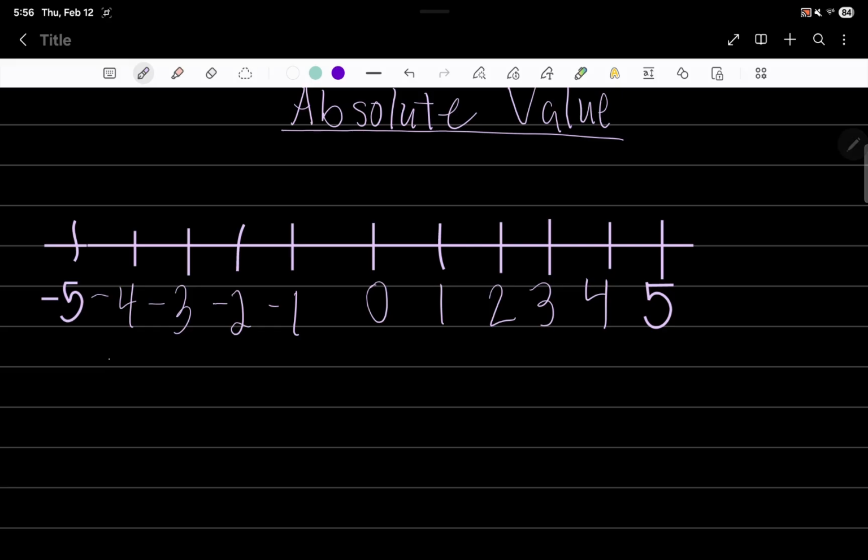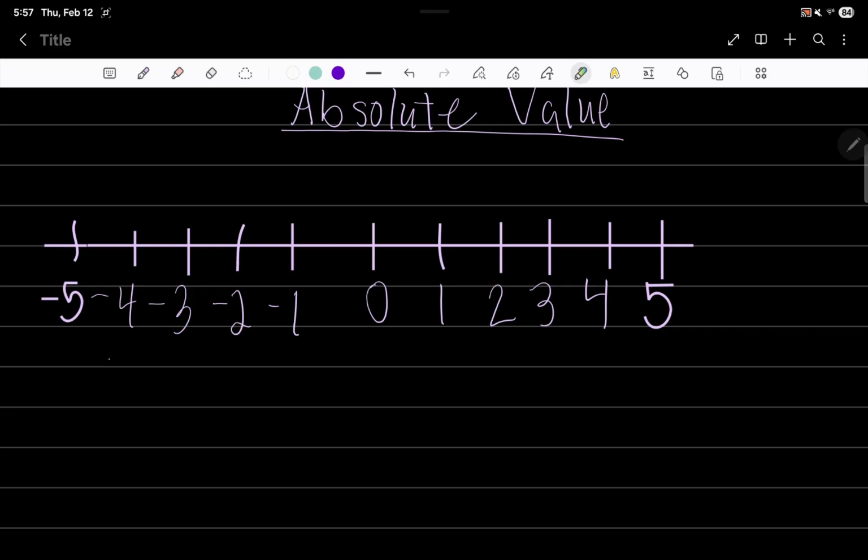So, going back to our previous example, looking at the number line, just to reiterate, absolute value helps us measure how far, not which way. So we just care about the points or the spaces away from 0. We don't care about the direction.